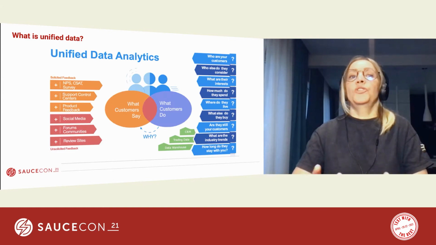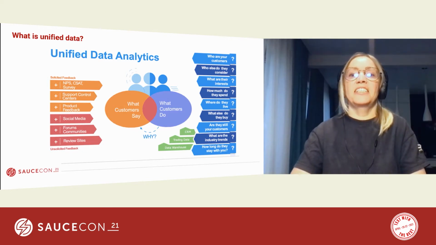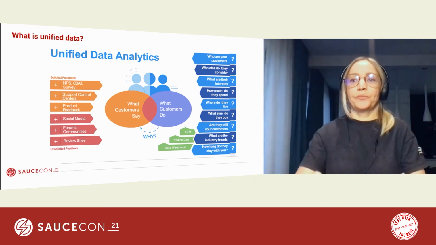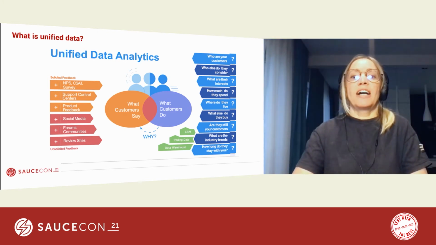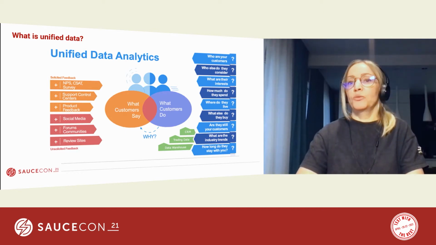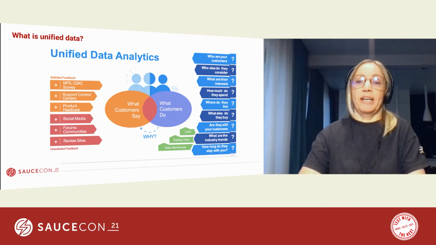What is unified data? Unified data is the result of aggregating data from disparate sources in a single view, in order to provide more complete and accurate answers to the critical questions of an organization. For example, one type of data that companies receive today is customer feedback.